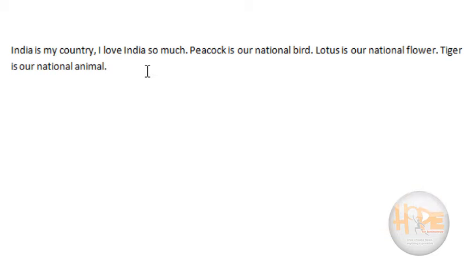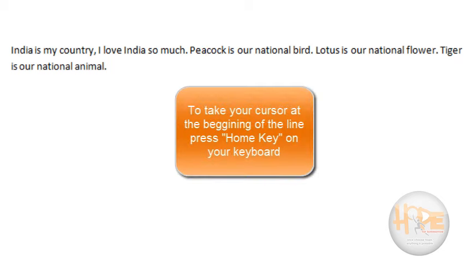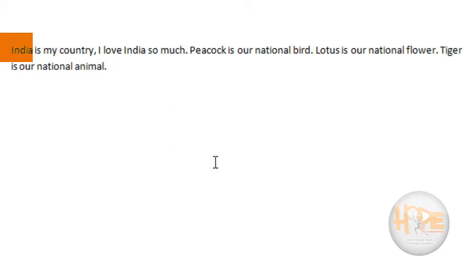Now first, it is not necessary that our cursor is placed at the beginning or at the end of our line. So suppose our cursor is in between somewhere. Now if you want to reach the beginning of the line, press the Home key on your keyboard and your cursor will be placed at the beginning of the line.